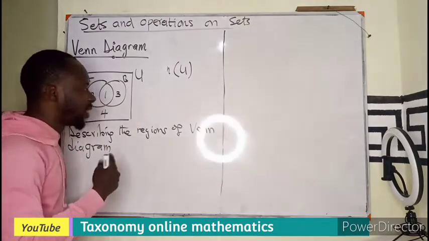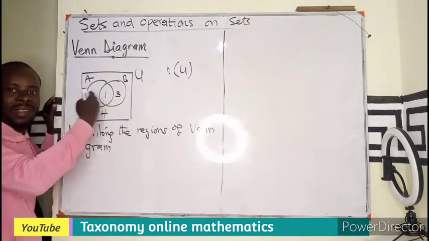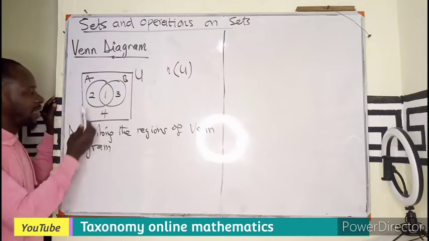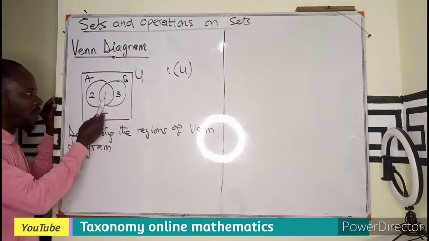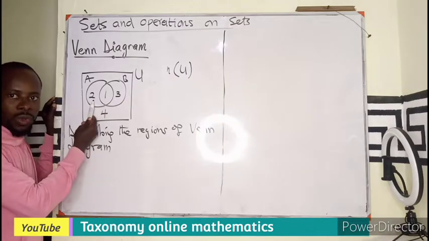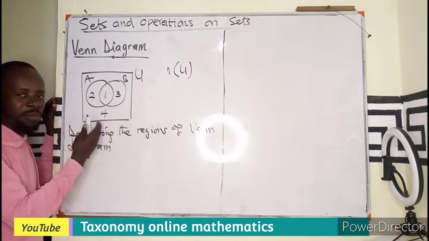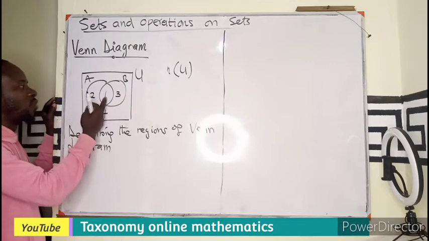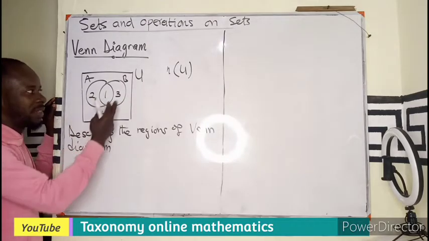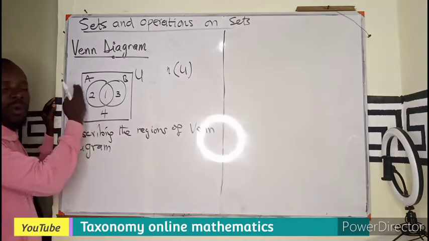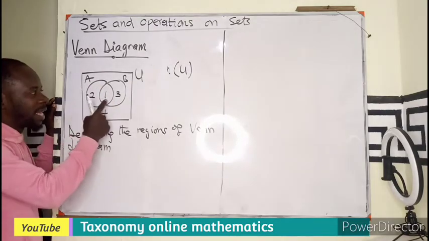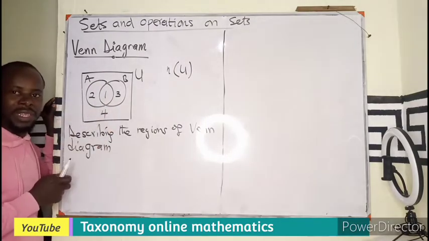Now, if you want to describe the regions, I can say that A has a region of what? 1 and 2. Likewise, if I want to find that of B, I'll also be having 1 and 3.